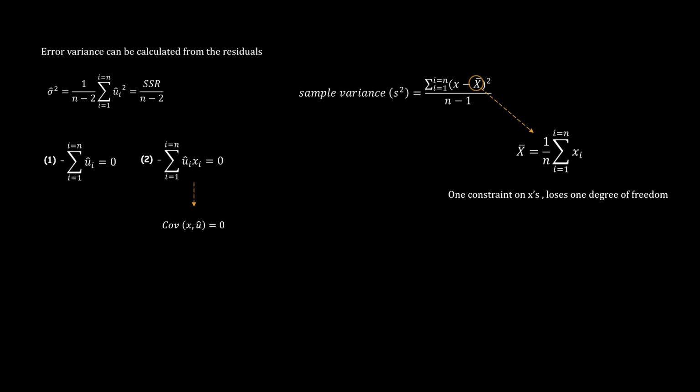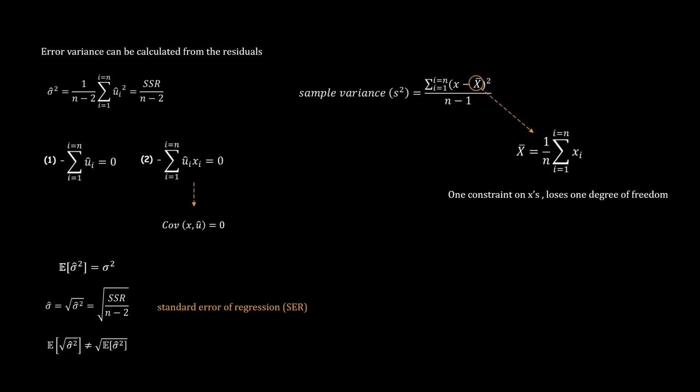It can be shown that the above is an unbiased estimator for error variance. Sigma hat, which is the square root, is called the standard error of regression. Note that SER is a biased estimator for sigma because the expectation of a square root is not the same as the square root of the expectation.